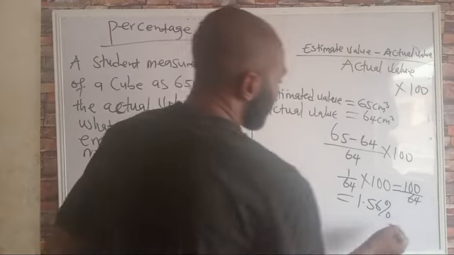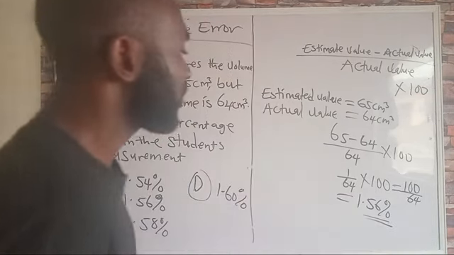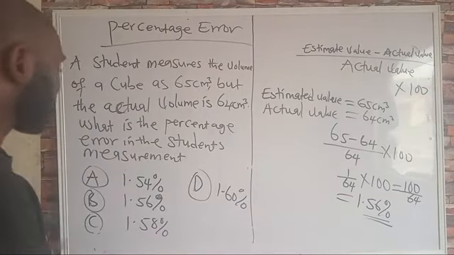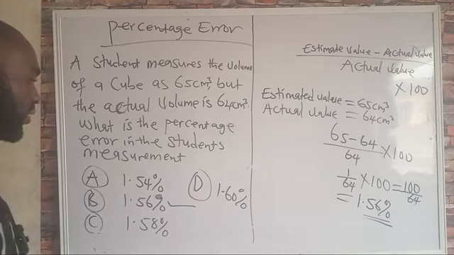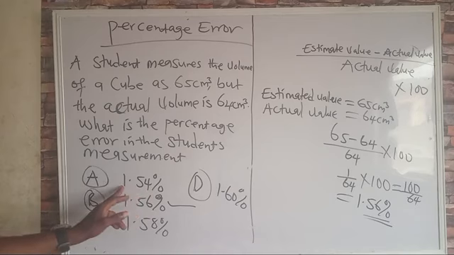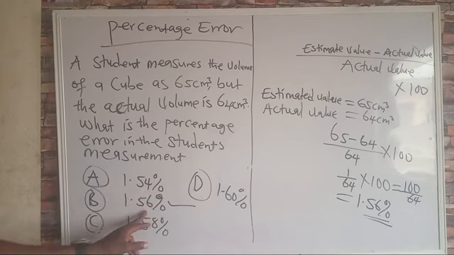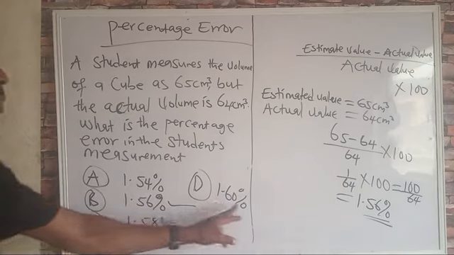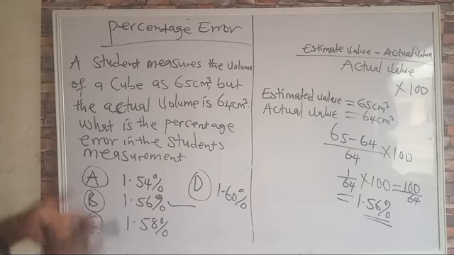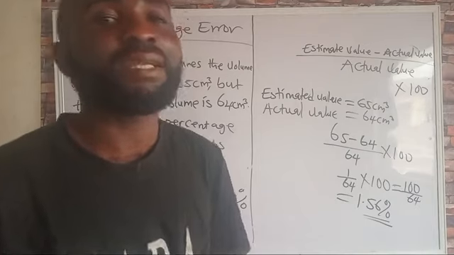You're going to include the percent. So looking at this, this is the answer, but you will discover that what JAMB is doing here is an interval of 0.02. You see here, 1.45, 1.56, 1.58, and 1.6. So looking at it, you'll be seeing everything closer, closer. So that is how JAMB sets their questions.